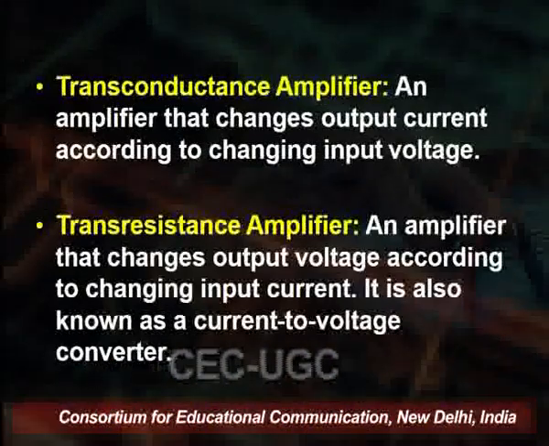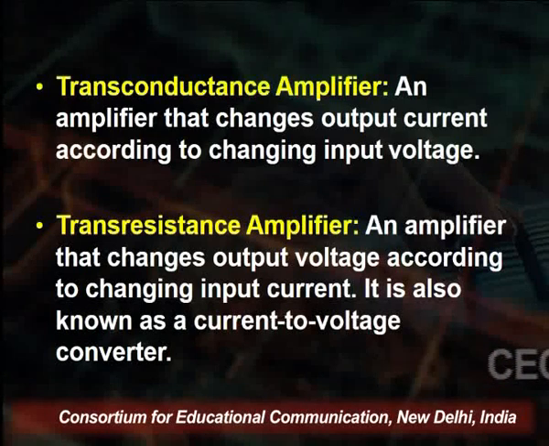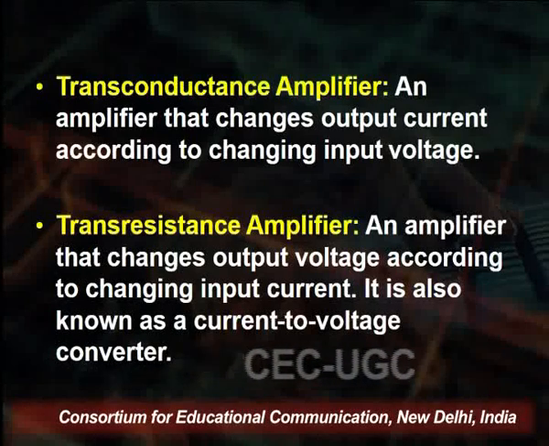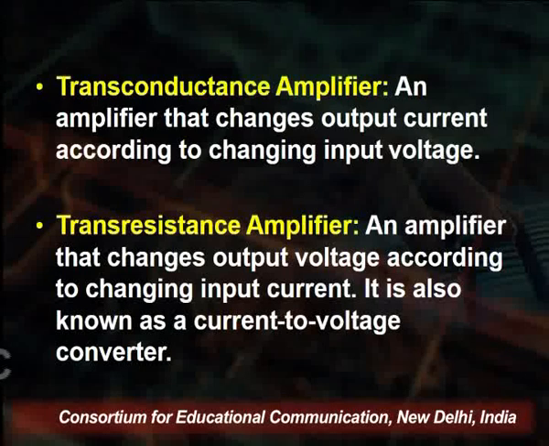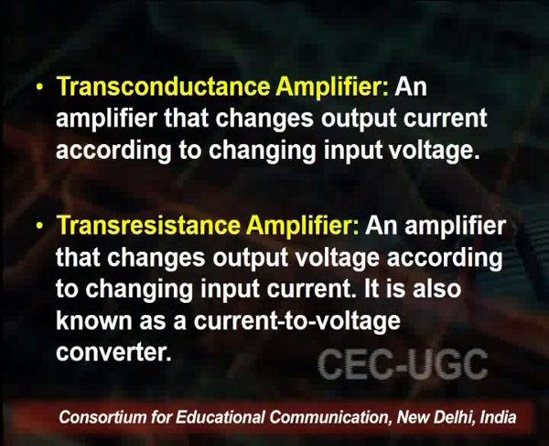Another type of amplifier is the transconductance amplifier, an amplifier that changes the output current according to the changing input voltage. The current will change according to the voltage input. Next is the transresistance amplifier, that amplifier which changes the output voltage according to the changing input current.